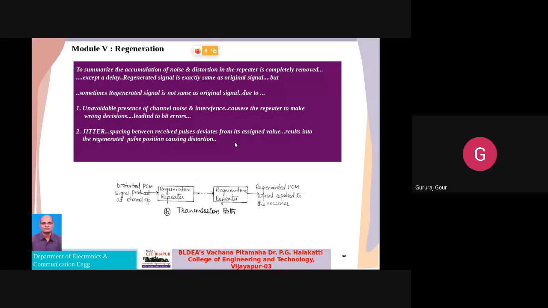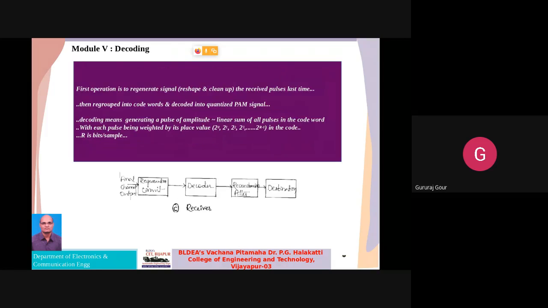That is called jitter. So these are the two main reasons why sometimes the regenerated signal is not the same as the original signal, but that can be avoided by adopting some other techniques, which we can see later. That is beyond the scope of this discussion or syllabus.